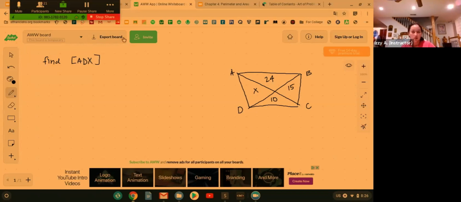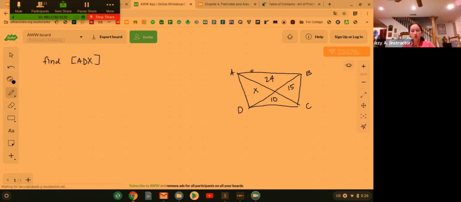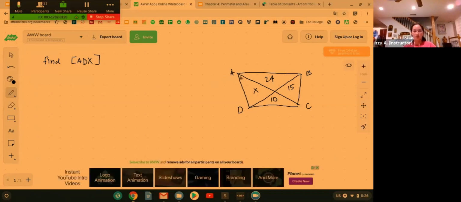Okay, so this is where we're going to apply what we just learned about ratios and altitude and base ratios.